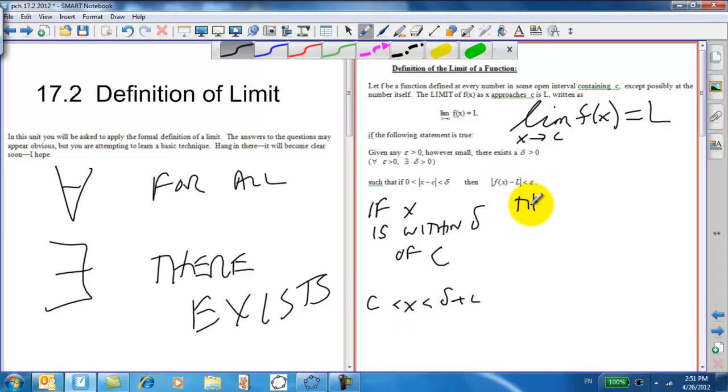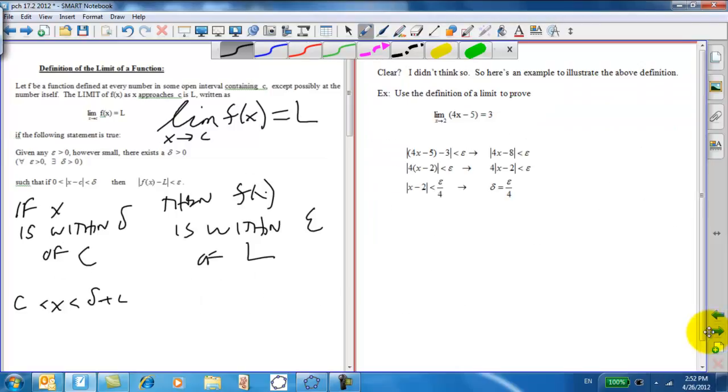Then f of x, which is the y's, is within epsilon of the limit. So as the x's get close to c, the y's will get close to the limit L. Okay? Let's see how this works now.